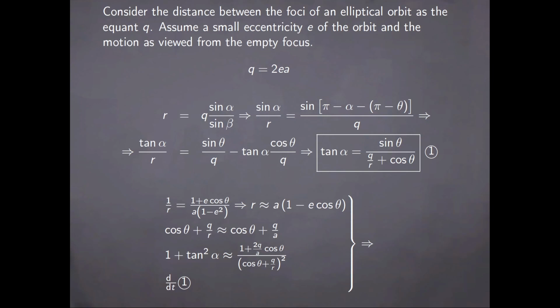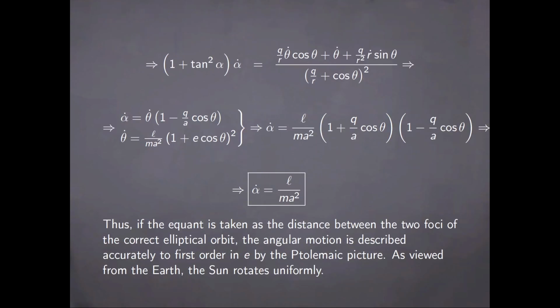And we need all these things together with the time derivative of equation 1, because ultimately we want to see how the motion looks when viewed from the empty focus. And if we do all these calculations, we get to the result here.